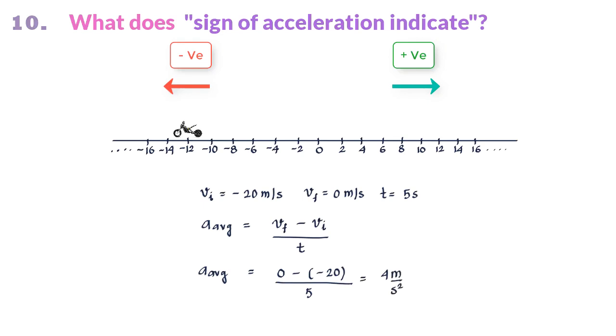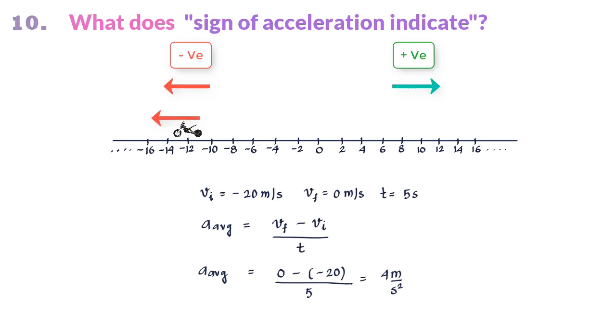And you can see the sign of the acceleration turns out to be positive even though the velocity is reducing. It essentially means that the direction of acceleration is in plus x direction, opposing the motion of the particle that is in the minus x direction. In fact, that is the reason that the bike came to a stop. If acceleration was in the other direction, the bike would have actually gained more speed.